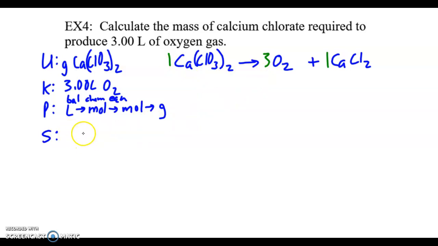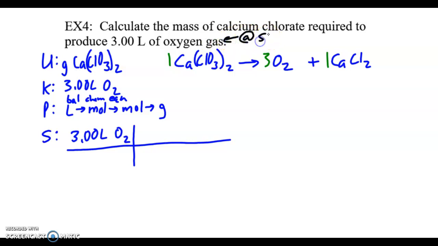But let's go. Okay, so we're going to start with the known, 3.00 liters of oxygen. I should have said this here on the problem, but the assumption here, yes, this is at standard temperature and pressure. Only works for gases, but it does tell you it's oxygen gas.